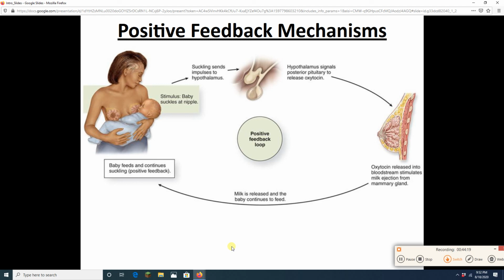So, three examples of positive feedback we had to know: childbirth, blood clotting, and milk ejection. Negative feedback was much more common because it had the much grander goal to maintain homeostasis, which is that dynamic, stable internal environment that keeps you alive.